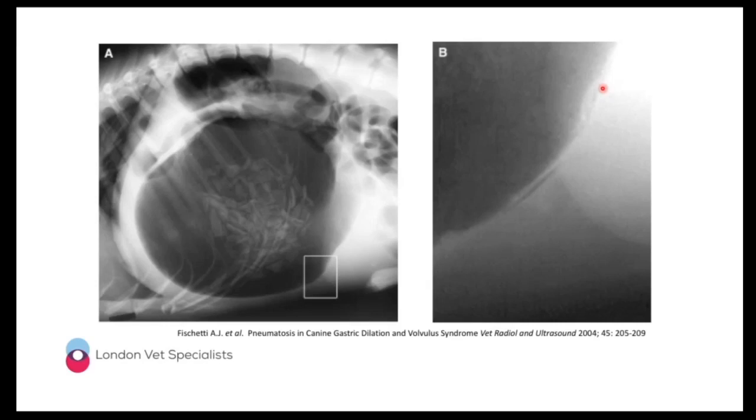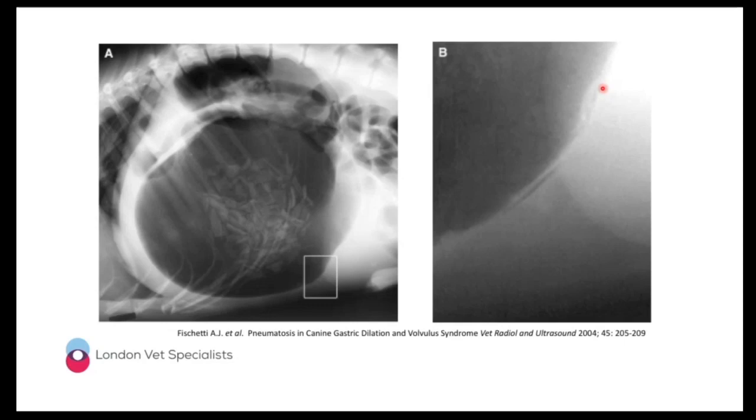Now, the reason why we need to watch out for changes compatible with the gastric pneumatosis is that the presence of air within the gastric wall, so a gastric pneumatosis, is very specific for predicting gastric necrosis. So the specificity that was quoted in this paper is 92.7%.